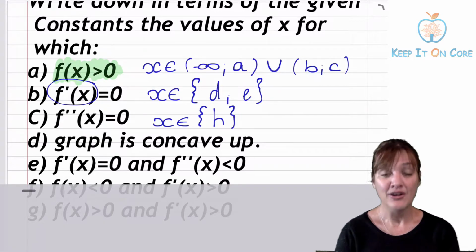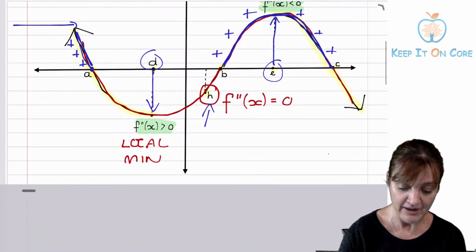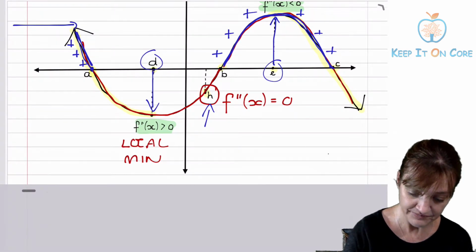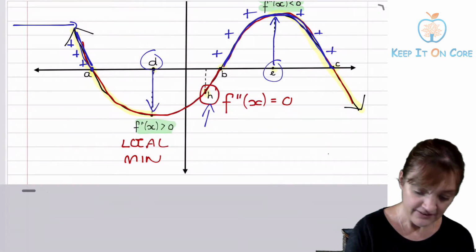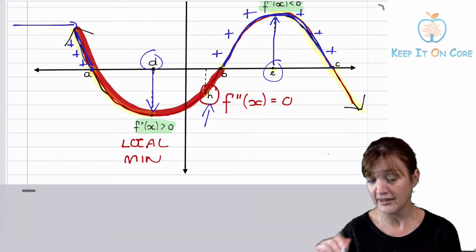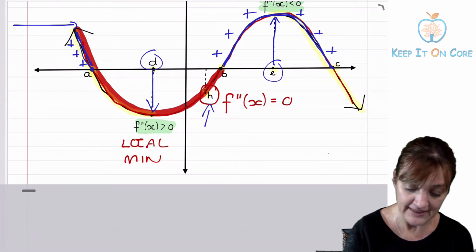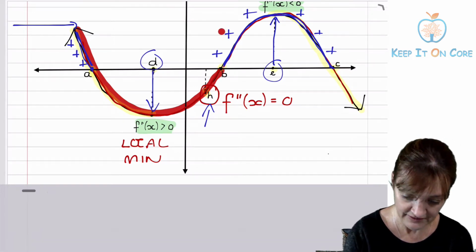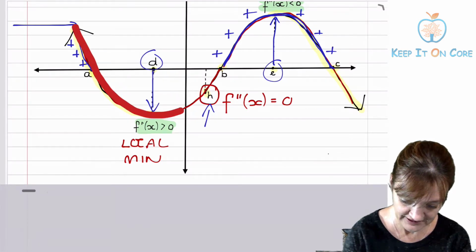Okay. For which values of x is your graph concave up? Concave up, the smiling graph. Let's change our color over here. Let's make it orange. So concave up is this part over here, but at that point it changed from being concave up to concave down, remember? So from negative infinity up to, in fact it's not at B, it's at H, your point of inflection.